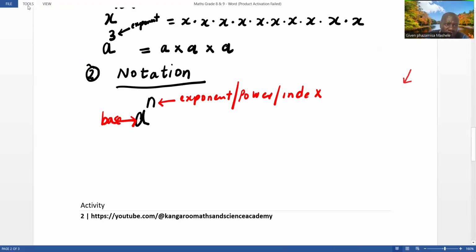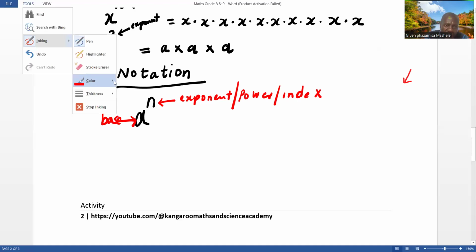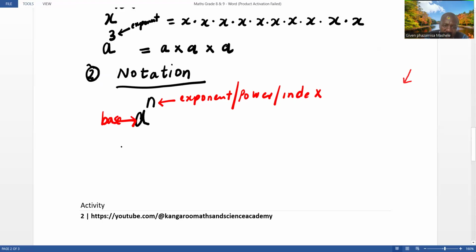To pronounce this, you say the base a raised to the exponent, a raised to the exponent of n.